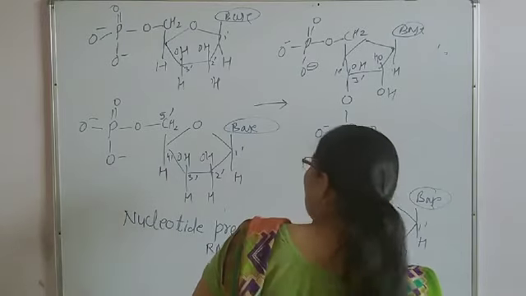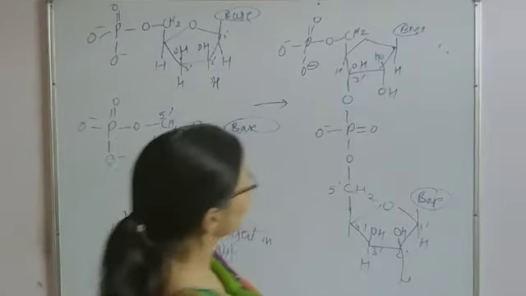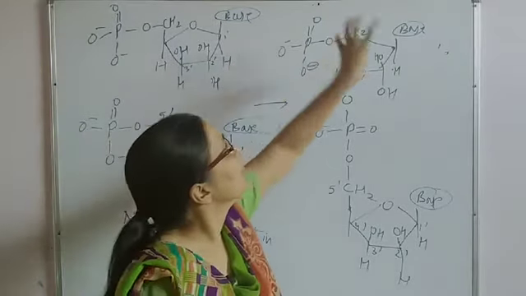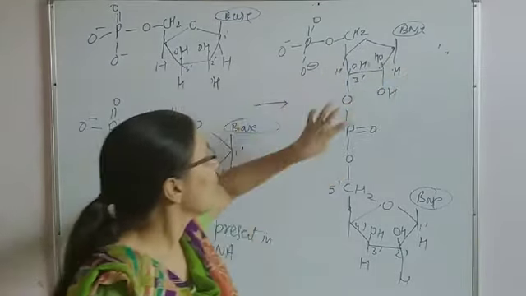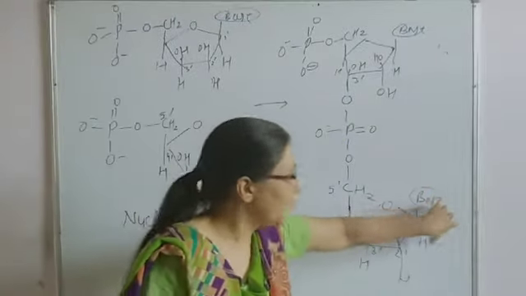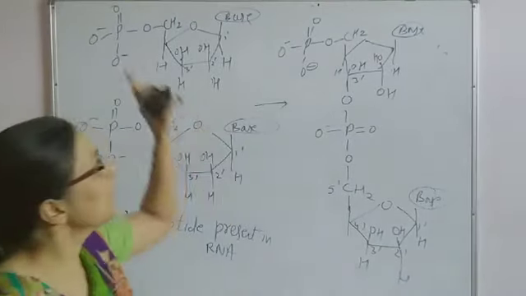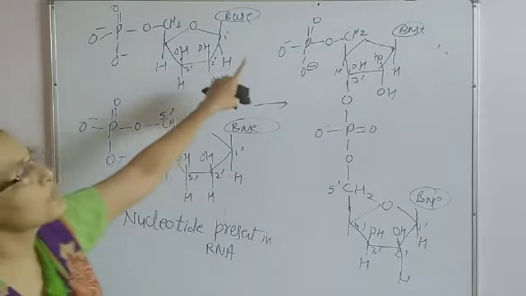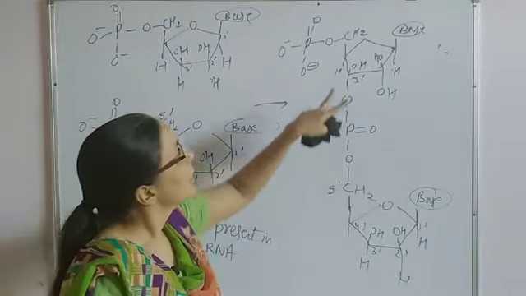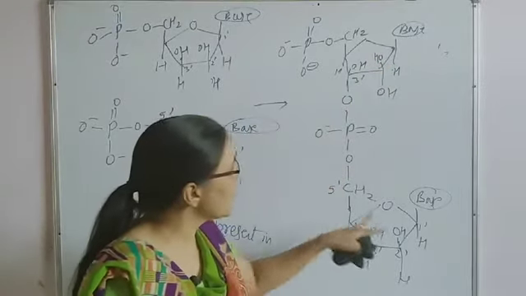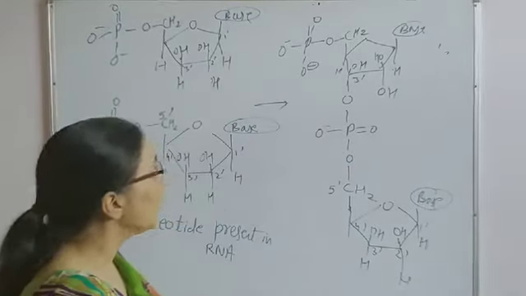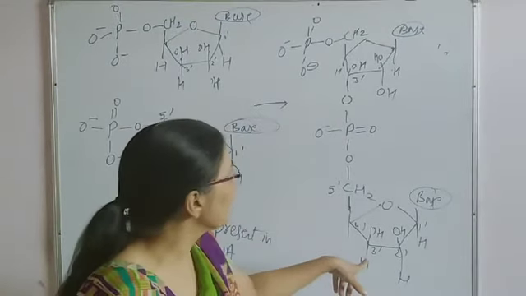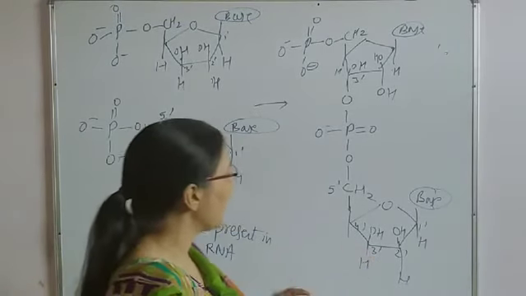Numbering should be smaller so the things become clear. So now in all you can understand that phosphate, sugar, base, phosphate, sugar, base. So the repeating unit of polynucleotide is phosphate, sugar, base, again phosphate, sugar, base in this manner. So one more unit will come here, then again it will link with the 3 dash carbon atom.